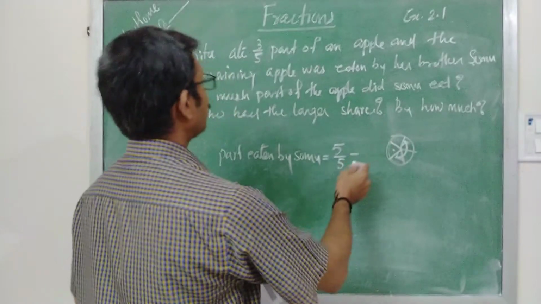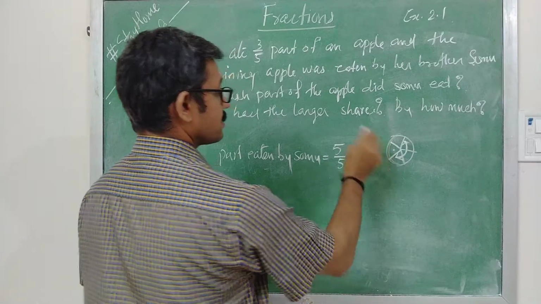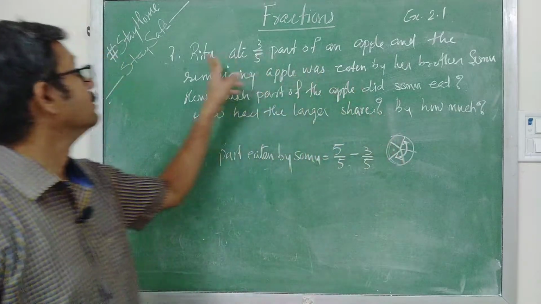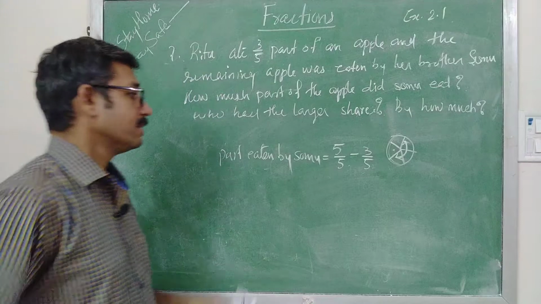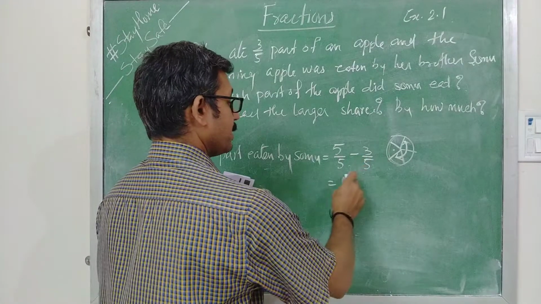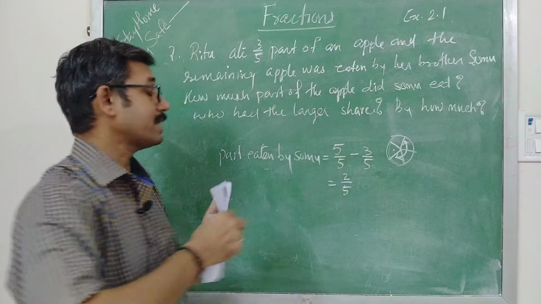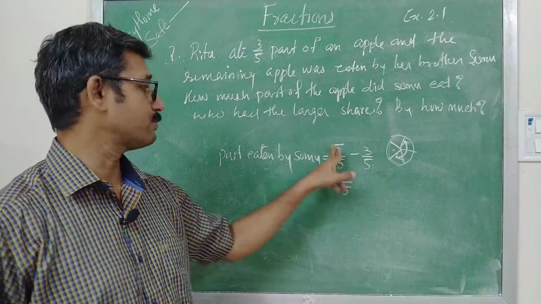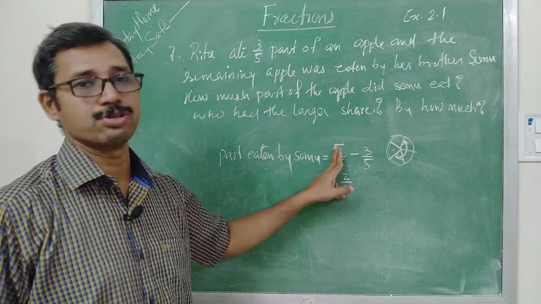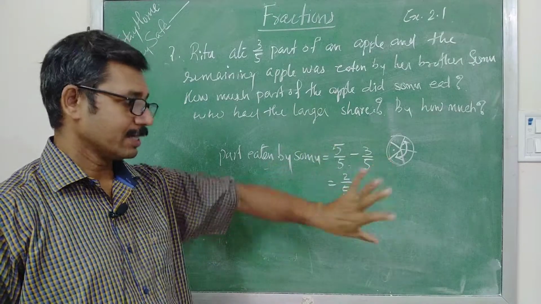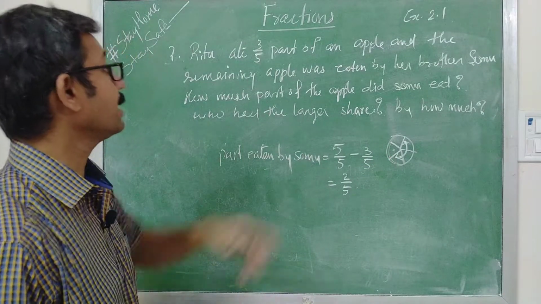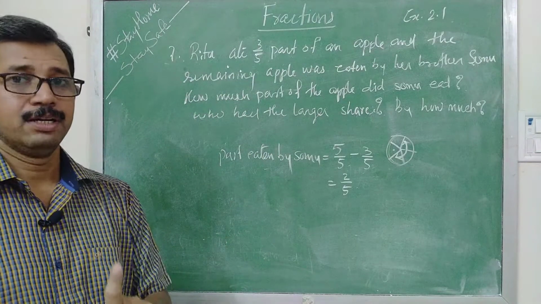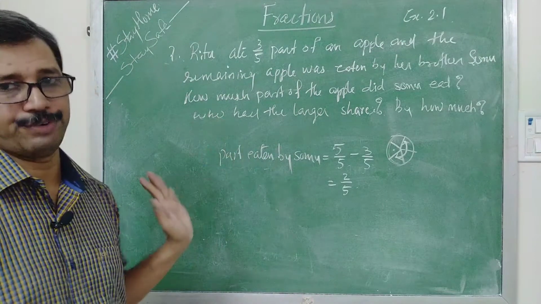From 5/5, 3/5 is eaten by our Ritu, so that is equal to 5 minus 3, which is 2/5. Now why did 5/5 come? Because you know that here the denominator is 5, so 5/5. You can even take it as 1 also, because from the total, 3/5 is eaten by Ritu. The total part means 1, and 1 means 5/5.